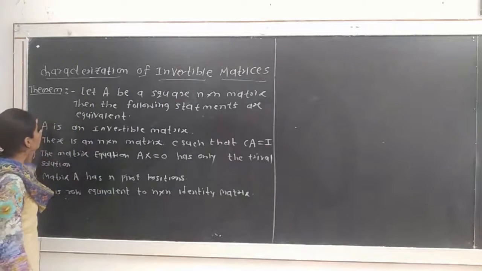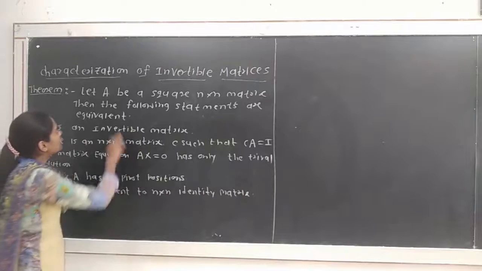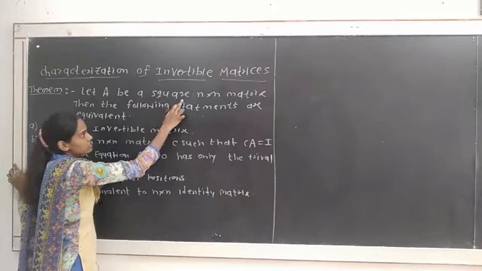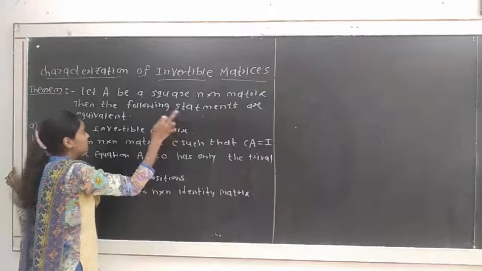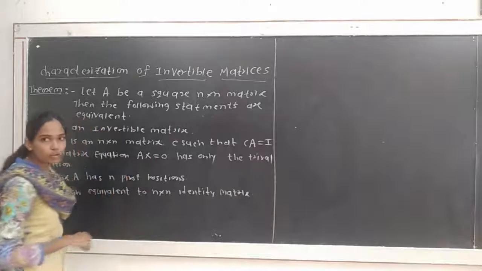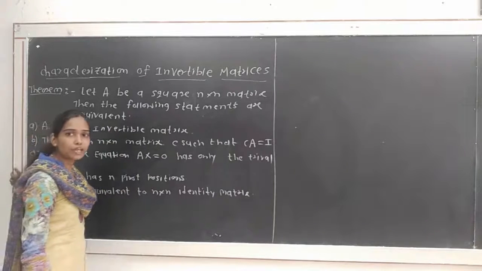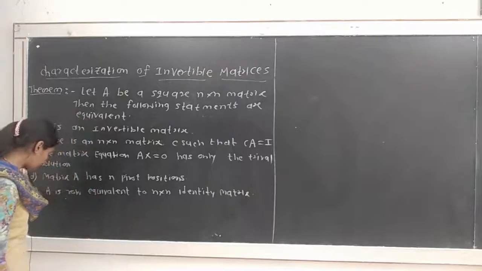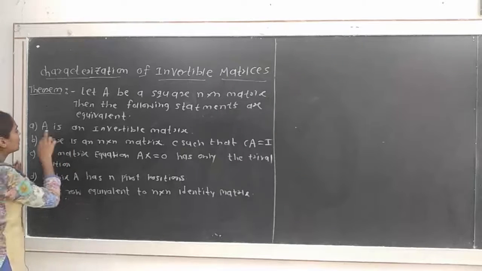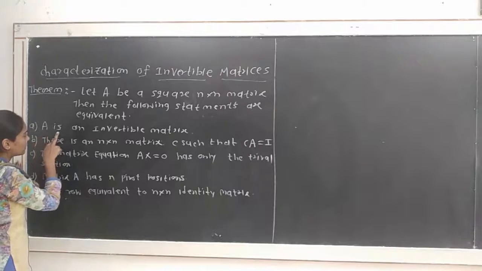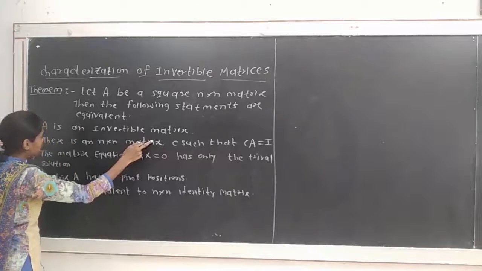The statement of this theorem is: let capital A be a square n cross n matrix, then the following statements are equivalent. That is, capital A is an n cross n square matrix, of order n cross n. Statement A: capital A is an invertible matrix.